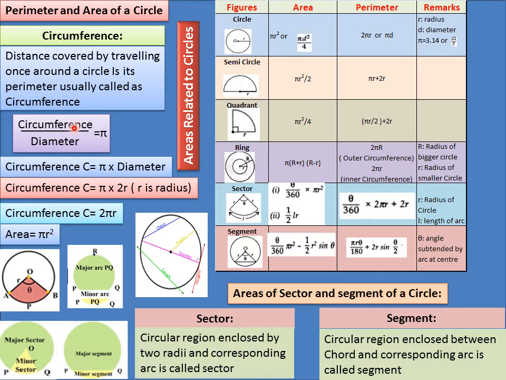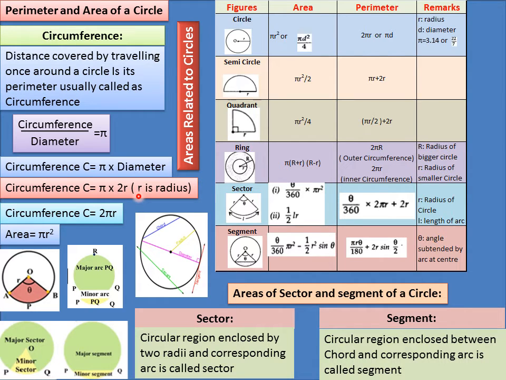So that means if you rearrange this, circumference will be equal to pi into diameter, and you also know that diameter is double the radius. So I can also write this as circumference equal to pi into 2r. If you are writing in terms of diameter, it is pi into d, and if you know the radius, it is pi into 2r.